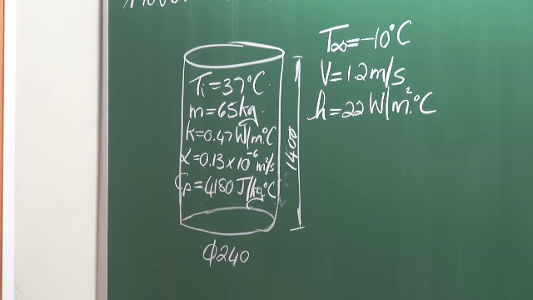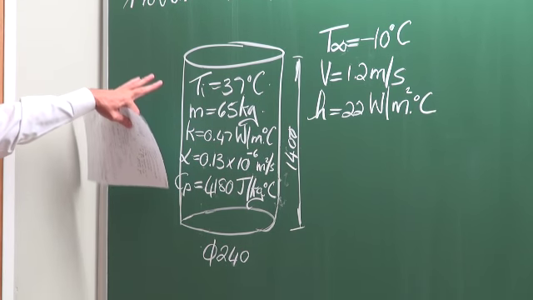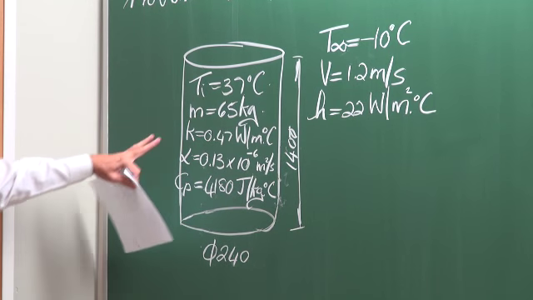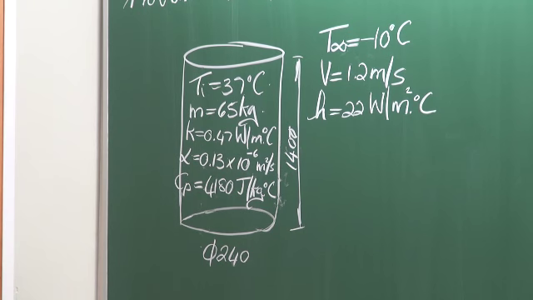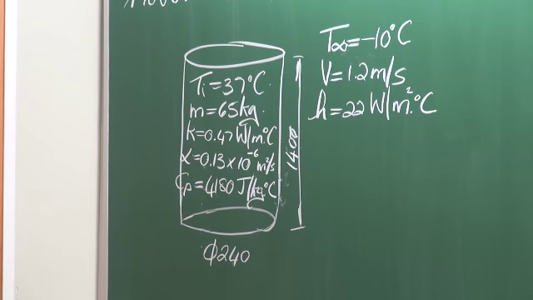So those are the most important properties of this problem. Initially at 37 degrees Celsius, the mass, the K value, the alpha value, CP value given, the diameter and the height. On the outside, at T equals 0, it's now minus 10 degrees Celsius. The velocity of the air is 1.2 and the heat transfer coefficient is 22.